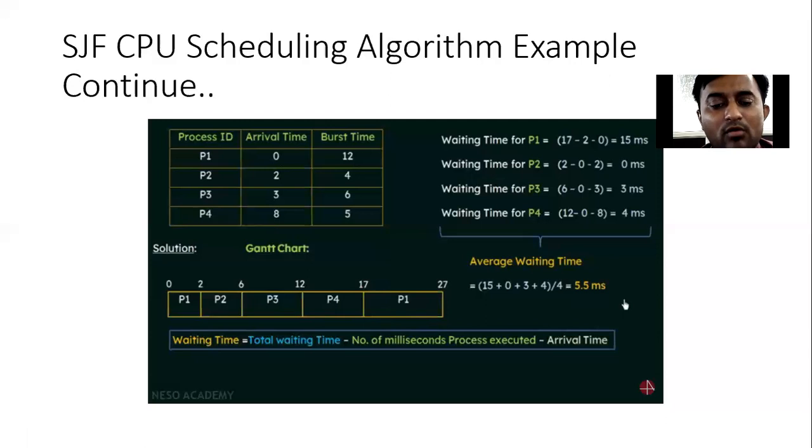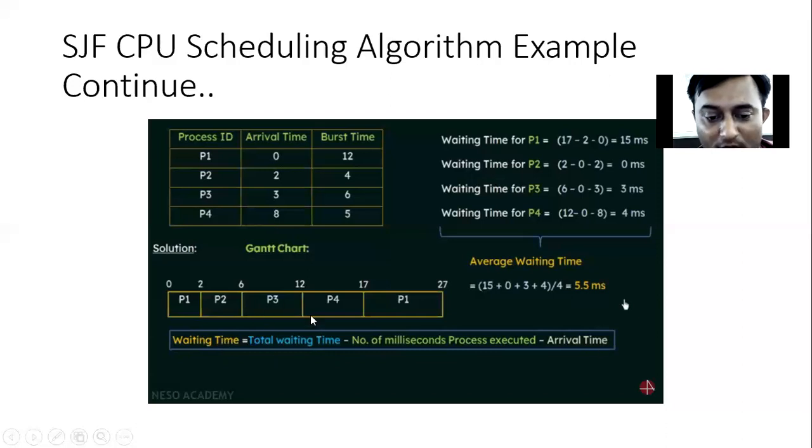Now we need to calculate the waiting time, and as we discussed in the previous session, this is how we find the waiting time for a preemptive algorithm. The equation of waiting time is: total waiting time minus number of milliseconds the process executed minus arrival time.